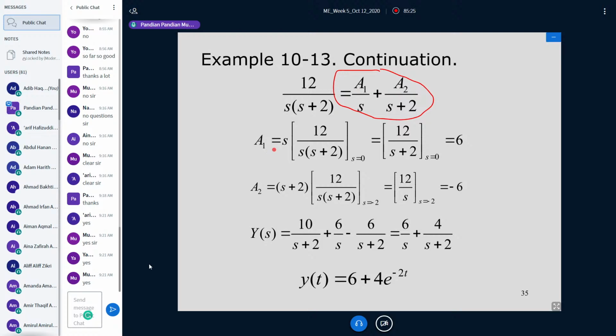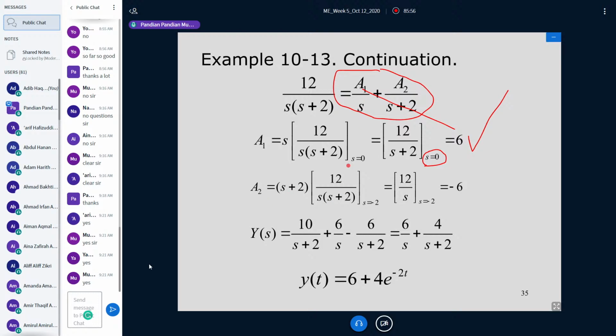A1 equals s multiplied by 12 over s(s plus 2). This s cancels off, leaving 12 divided by s plus 2. You substitute s with 0, 12 divided by 2, which is 6. This is one way to find A1.